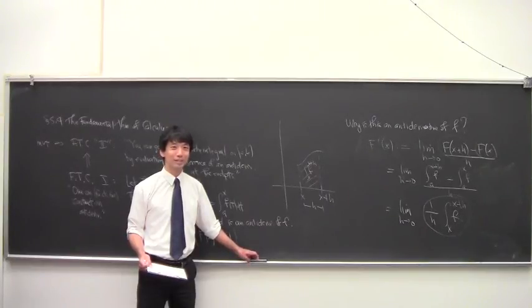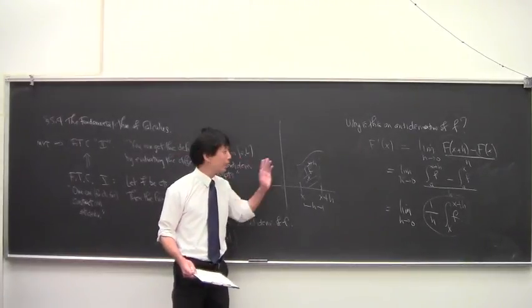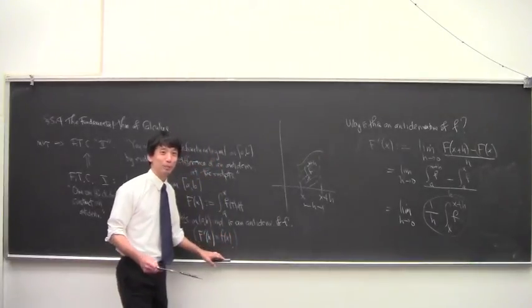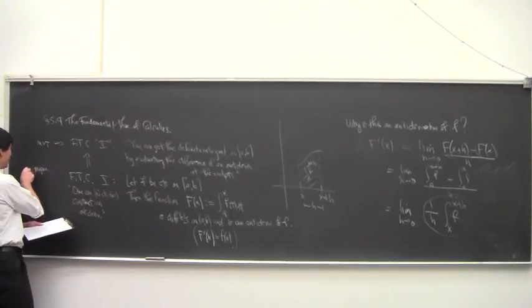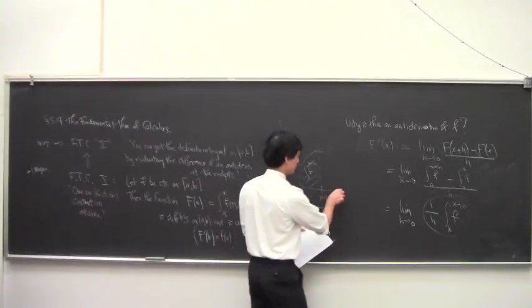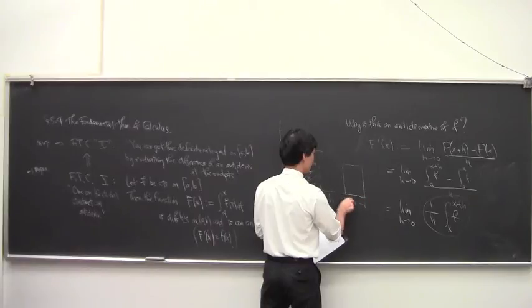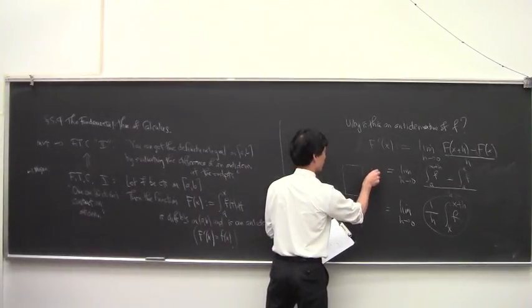Megan, do you have an idea? You get the y value? The average value? The average y value. Very good. Great. Okay, so right, you get the average. What you get is the height of a box with the same area.